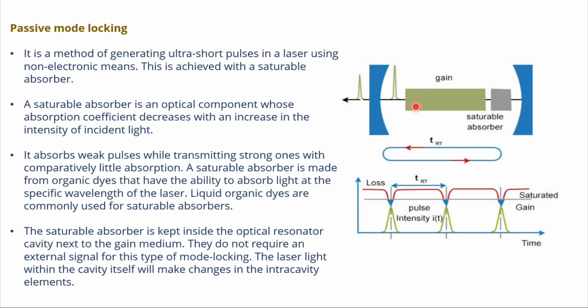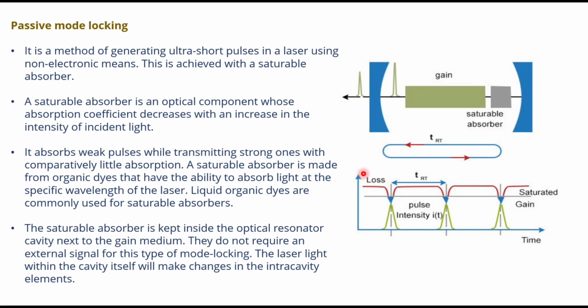When it passes through the absorber, the loss is reduced for strong pulses and weak ones are absorbed. Over many round trips, only short, strong pulses survive. That's how ultra-short pulses are formed naturally, without any external control as in active mode locking.